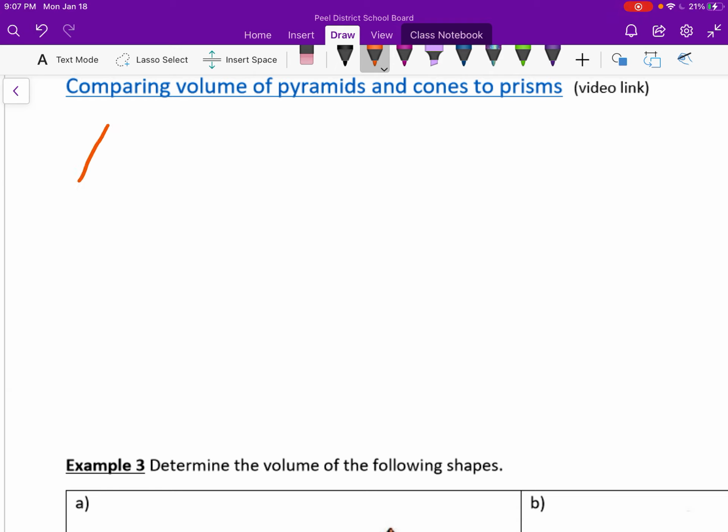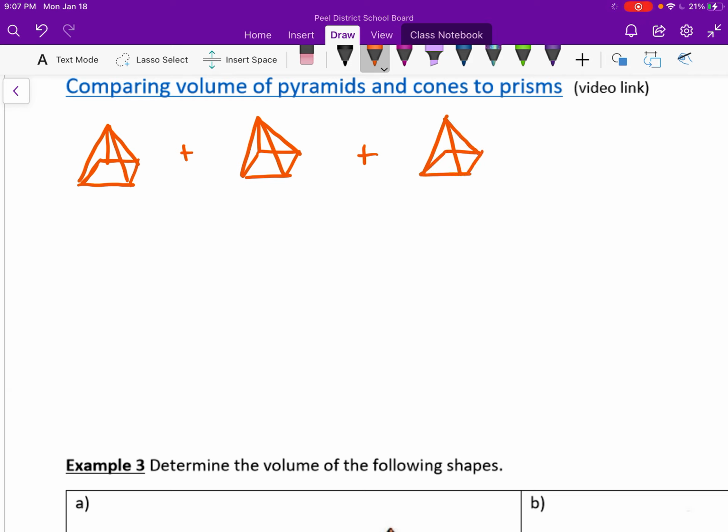Basically what it was saying is that if you have a square-based pyramid, right? And then you have another pyramid, and its base is a square, so that's one thing we need to keep in mind. And then you have another pyramid which has a base of a square.